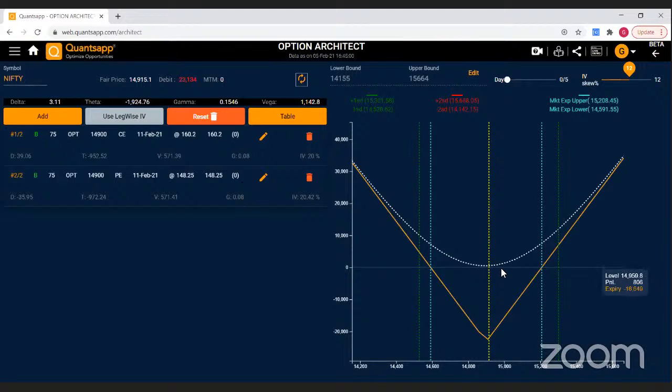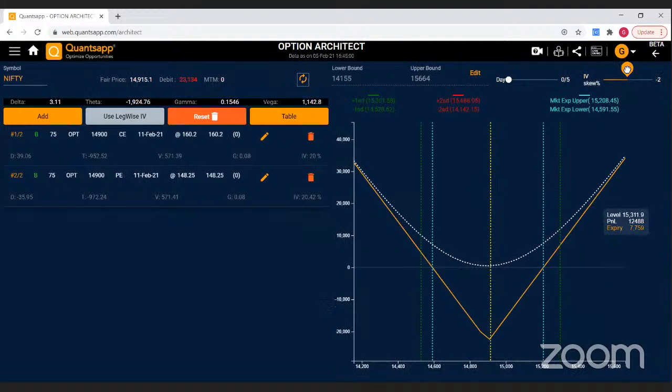Always remember that volatility is going to impact both call and put in the same way, either in the positive or the negative way. So if volatility is increasing, both call and put will also increase. If volatility is declining, both call and put premium will also decline. You can see there was a slightly upward movement in the payoff.